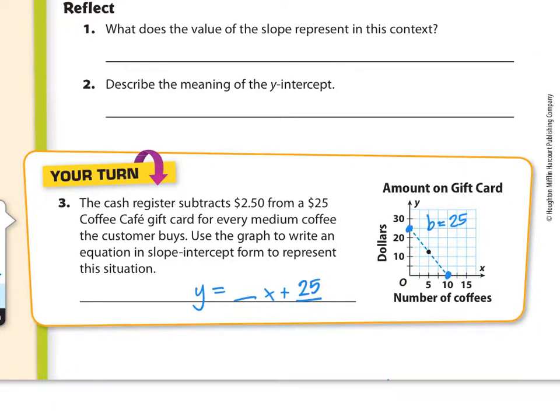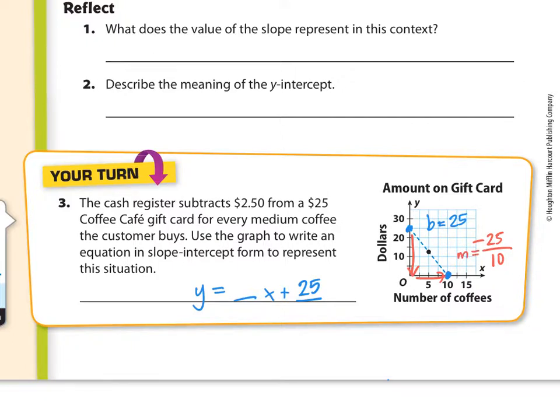So let's do a rise over run from the first point to the last point. I'm starting from 25. This goes by fives, so my rise is negative 25, and my run is 10 coffees. Okay, so that's my m.